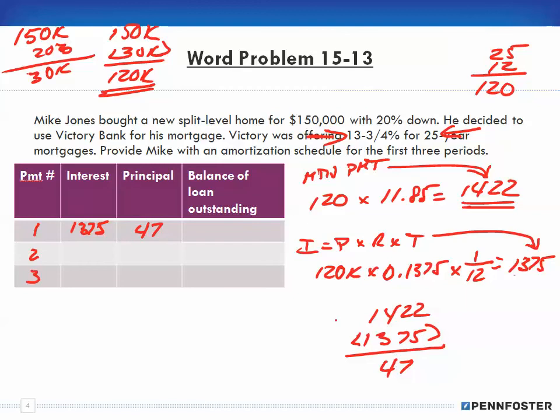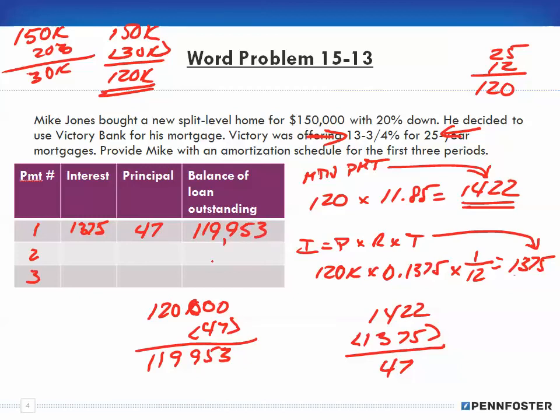Since the $47 is principal, it goes against the beginning balance of $120,000, so we subtract the $47, and we end up with $119,953 as our balance outstanding after we made that payment.